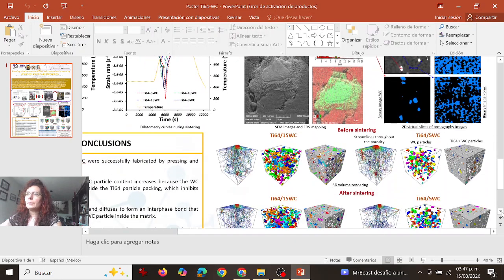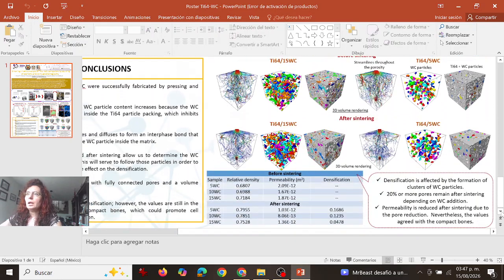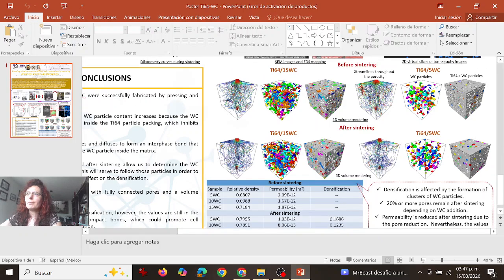Last thing I'm going to present to you are the results we obtained from the tomography. So in here we have the 3D volume rendering. In the upper line we have the 3D volumes before sintering, and in the bottom line we have the 3D volumes after sintering.